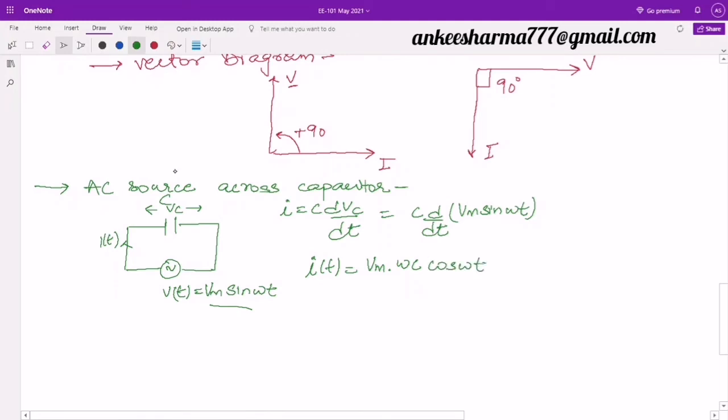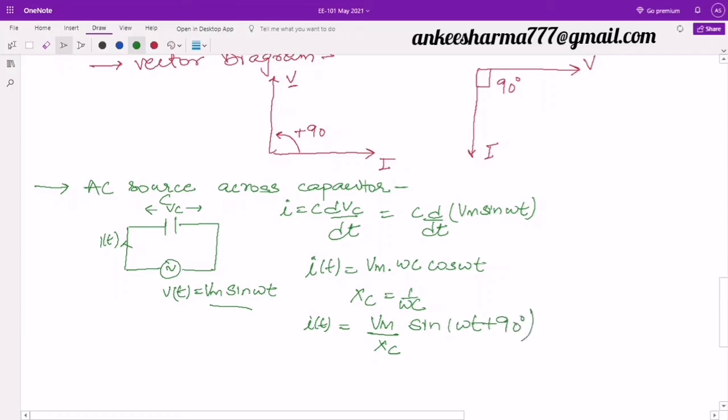Now I can write this omega C in the form of 1 by Xc, where Xc is equal to 1 by omega C. So I of t will be equal to Vm by Xc, and I can write cos as sine of omega t plus 90 degree.